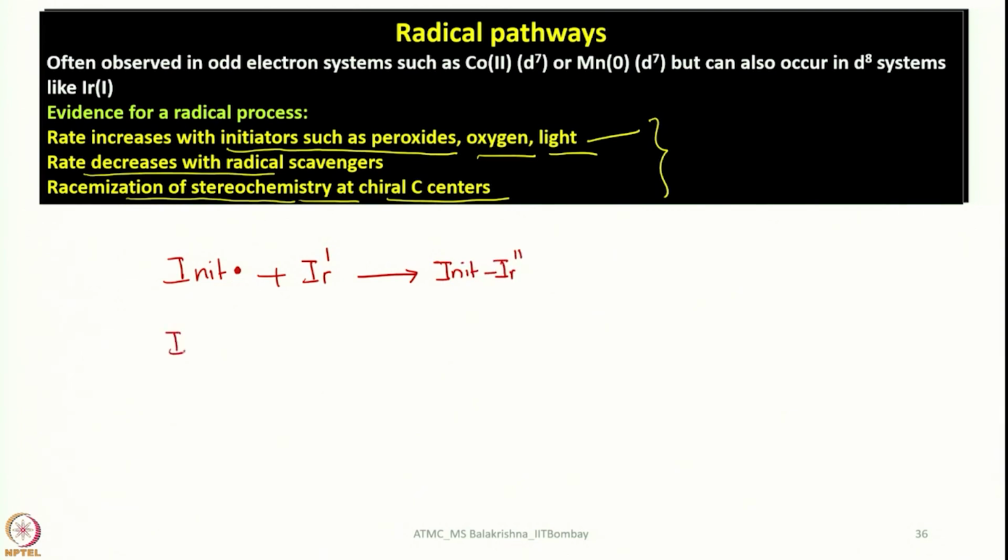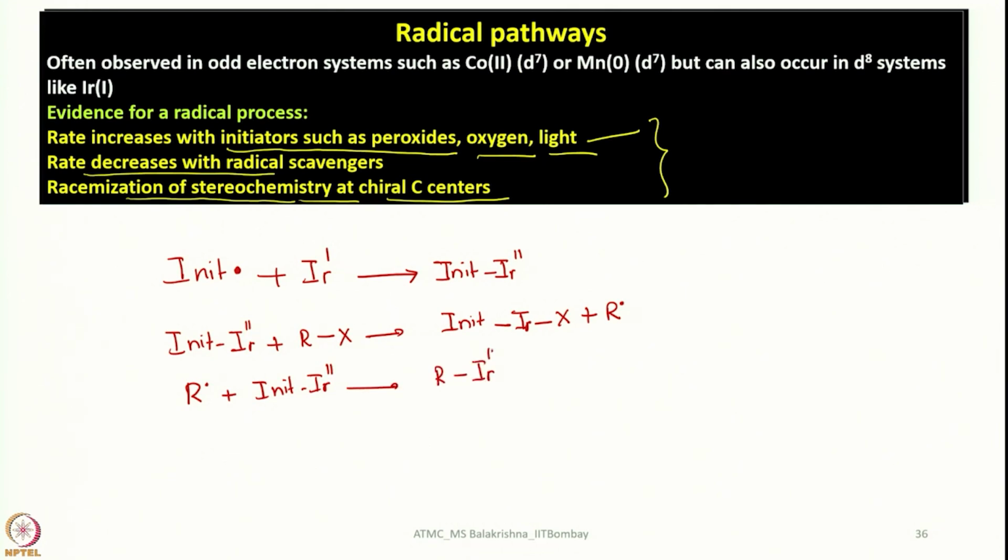In the next step it interacts with the substrate molecule RX and generates a radical, and this radical reacts with iridium(II) to form species, and now the radical is coming.